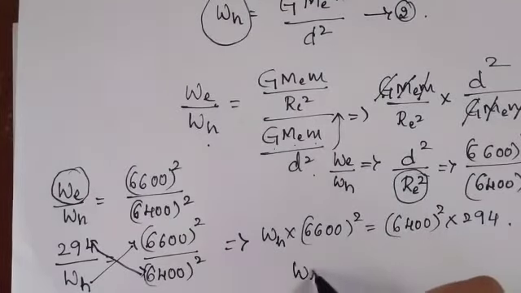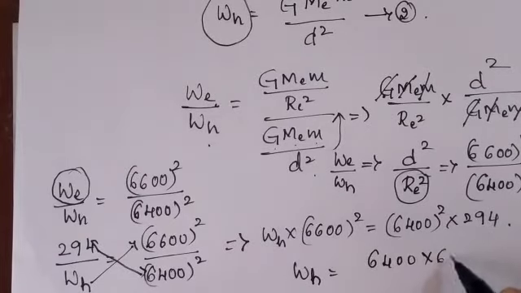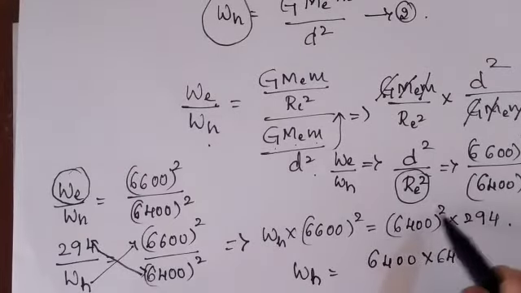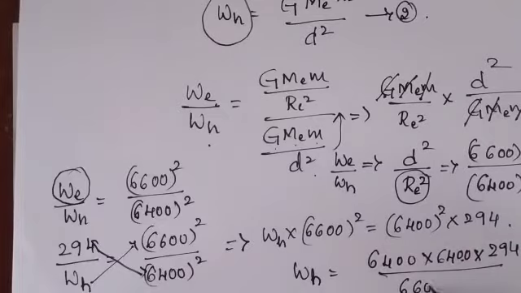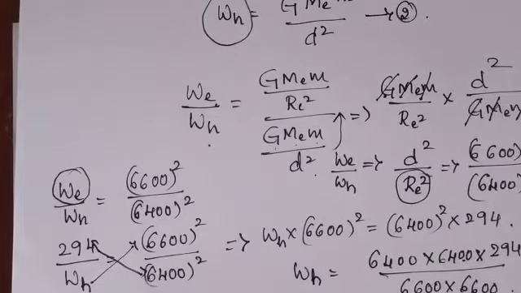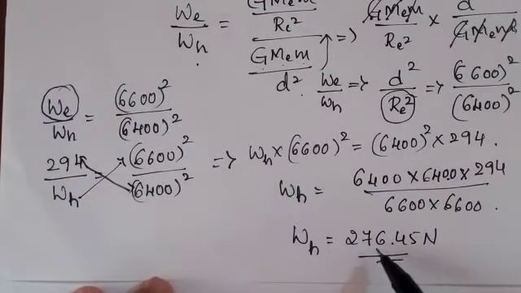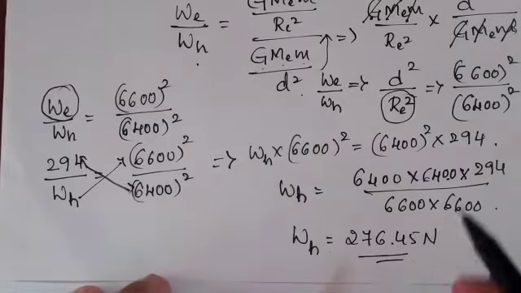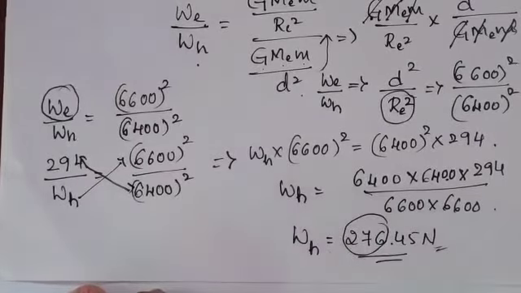So WH is equal to 6400 into 6400, which is whole square, into 294, divided by 6600 into 6600. If we simplify this, you will get an answer of 276.45 Newton.